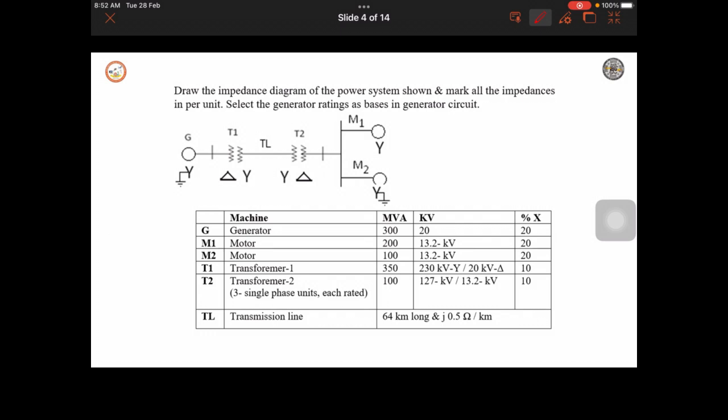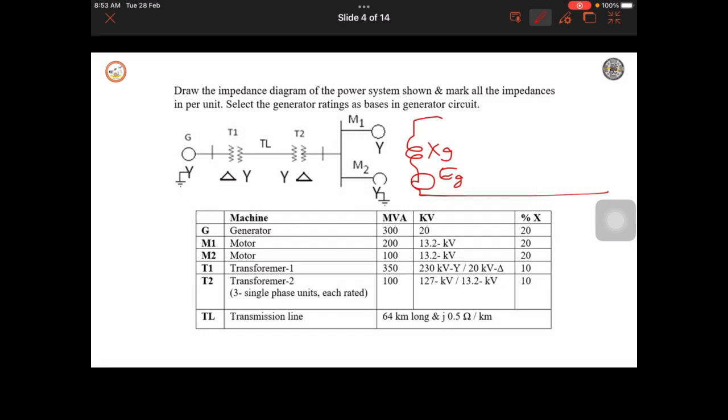So here we have a generator. First we have to write one reference, and then let us consider the generator. The generator can be represented as source value Eg, and Xg is the reactance of the generator.